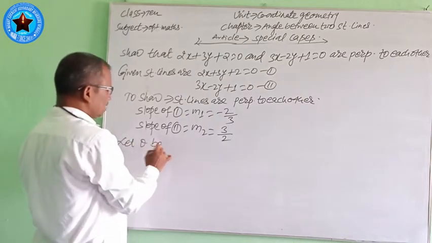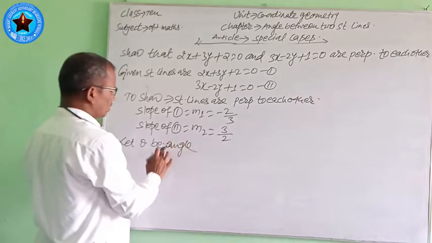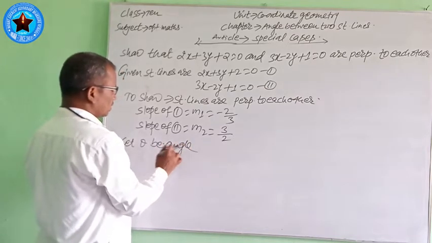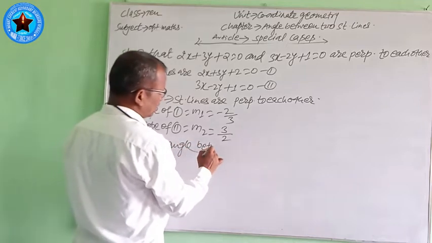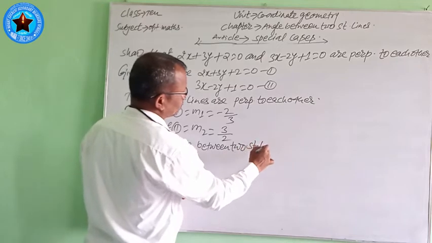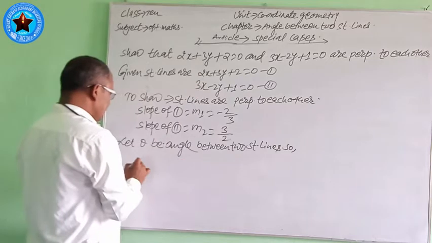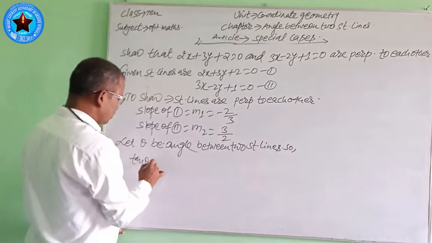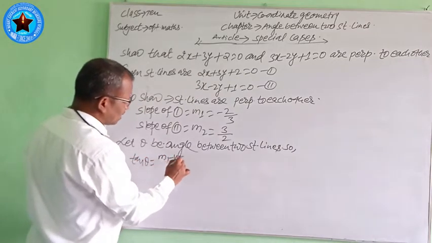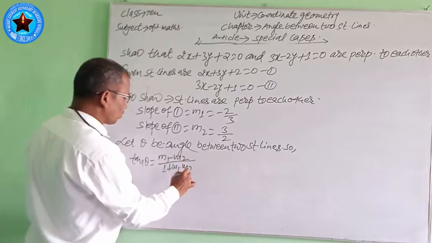Now let theta be the angle between the two straight lines. So here we can write tan theta equals m1 minus m2 by 1 plus m1 into m2.